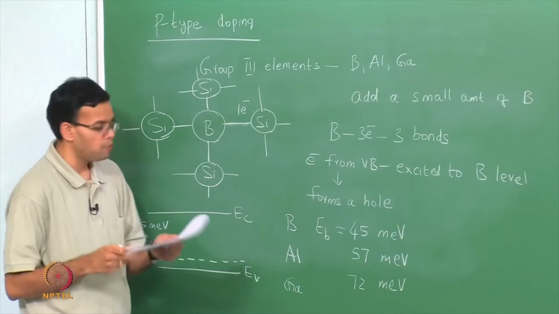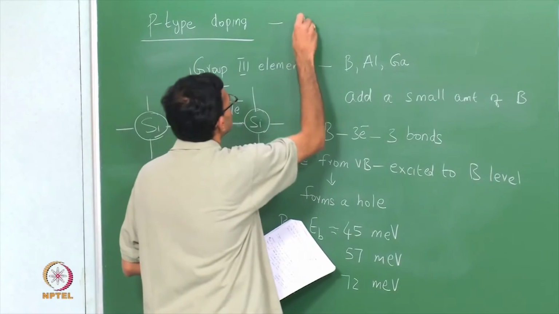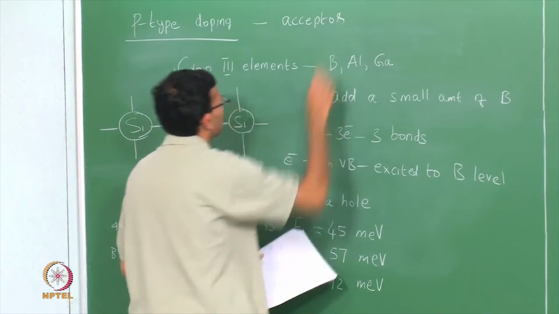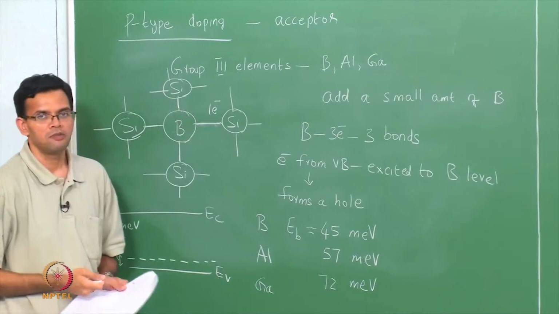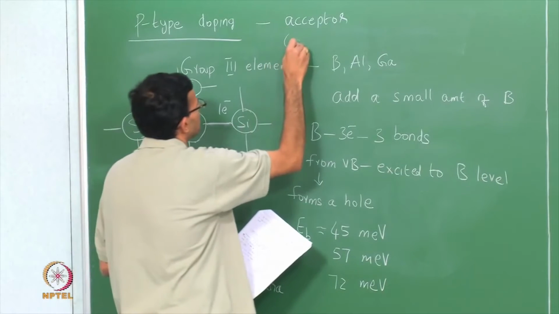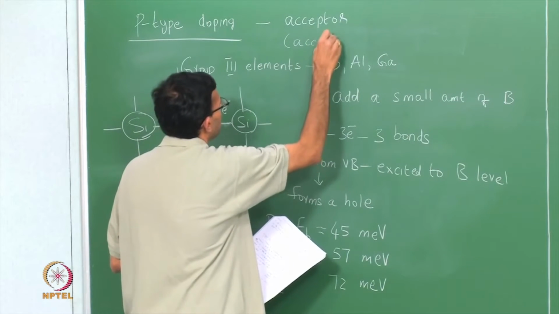A p-type dopant is called an acceptor. N-type is called a donor because it donates 1 electron; this accepts 1 electron, so it is called an acceptor.